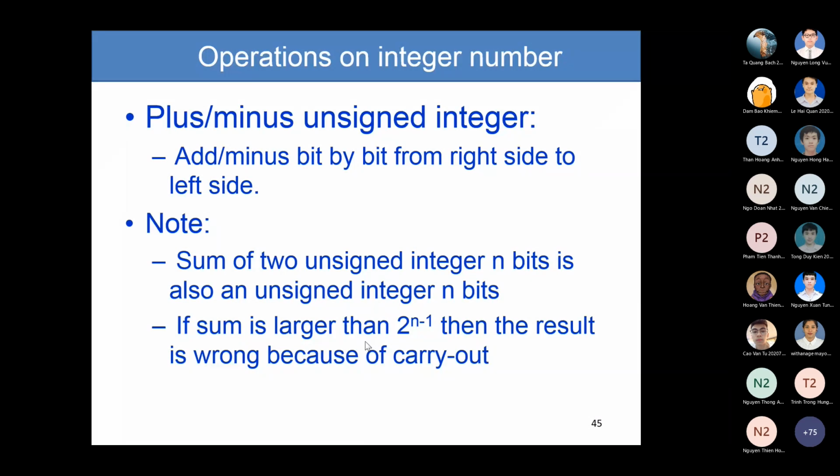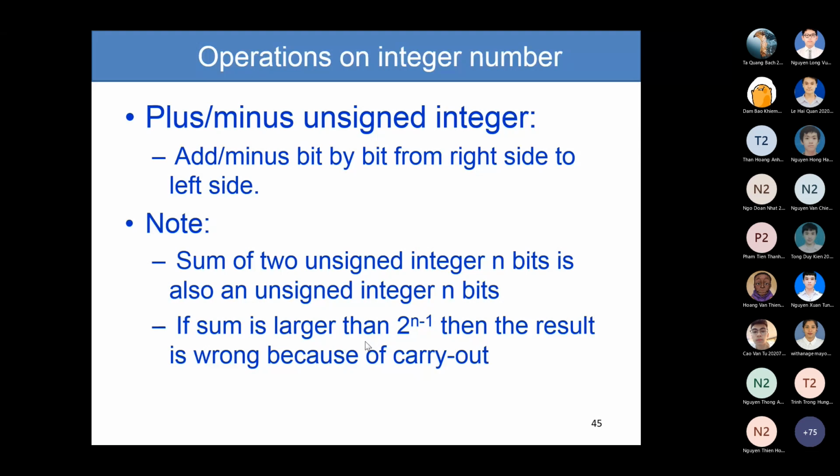However, last week we talked about how to add or subtract numbers in the binary system. Here we talk about the operation in the computer. In the computer, the number of bits is fixed in advance.